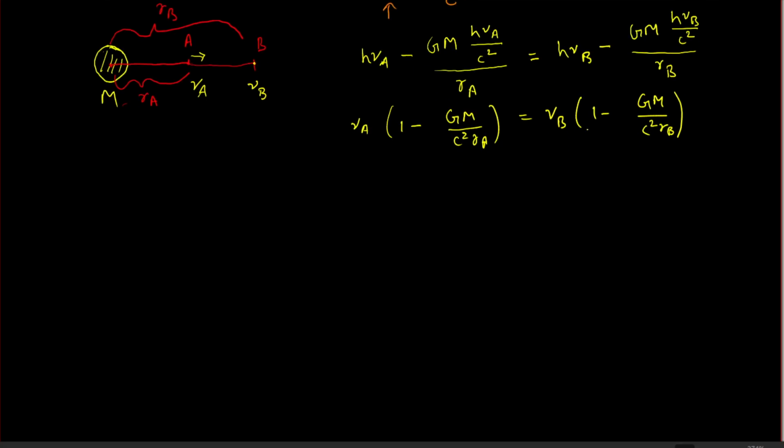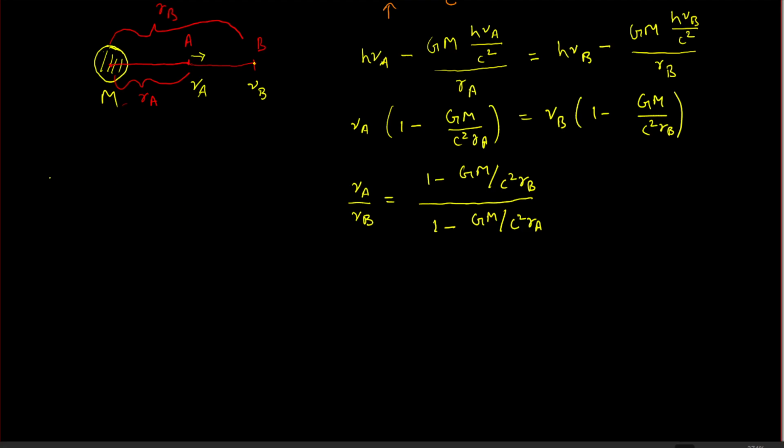Therefore, we get nu A by nu B equals 1 minus G m by c squared RB, divided by 1 minus G m by c squared RA.